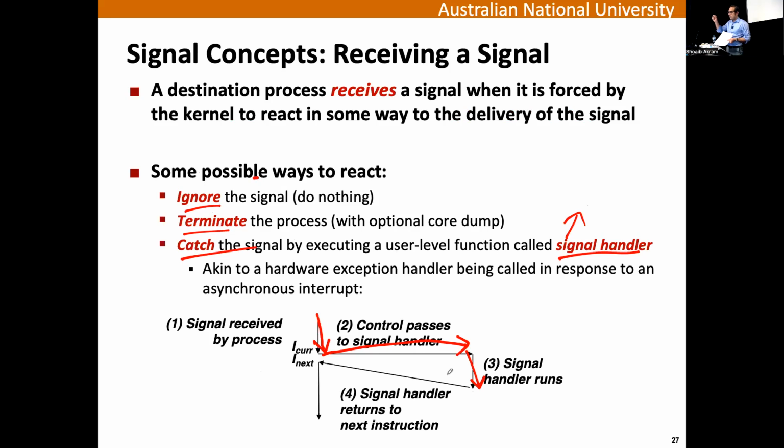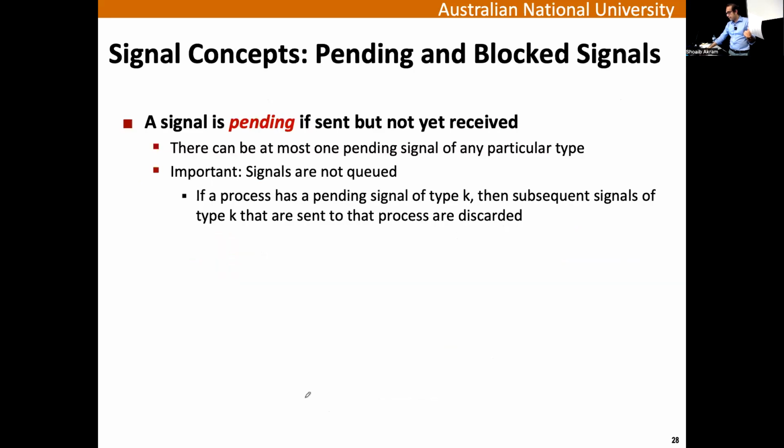Actually, the signal handler code is user code, but the kernel intercepts the signal, and because it knows where the signal handler code is, we have a way to tell the kernel where is that code. We will see in a little bit. It can run that code and then go back to executing the next instruction after the handler. So these signals are asynchronous events.